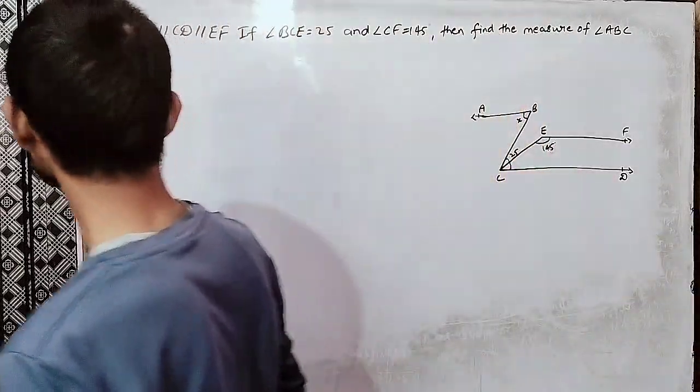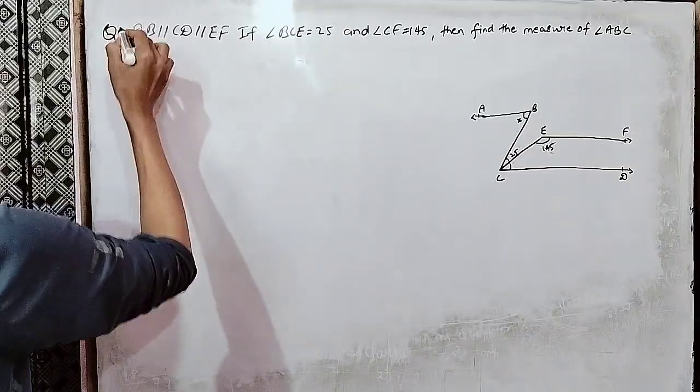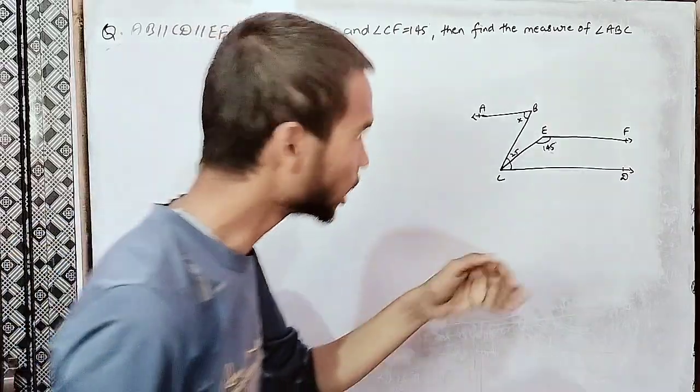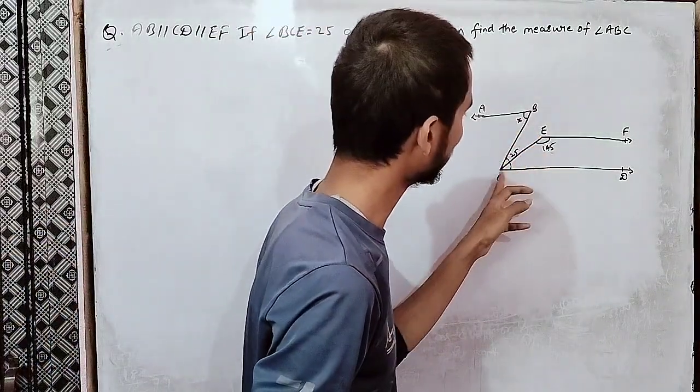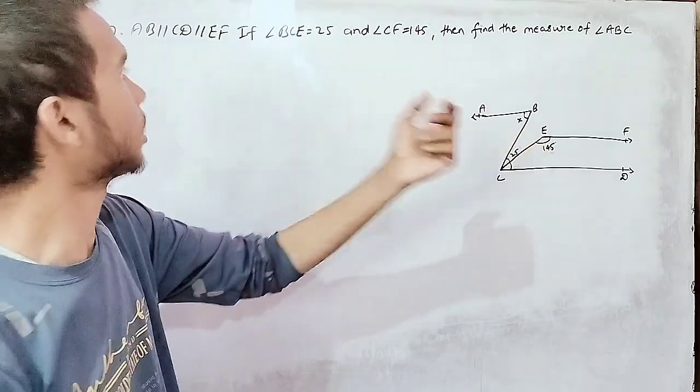Now we have this question. AB is parallel to CD, and CD is also parallel to EF.